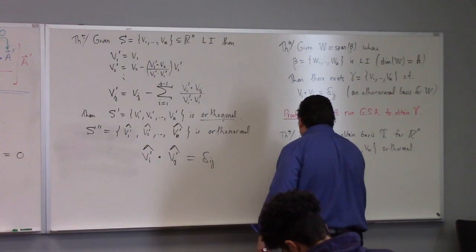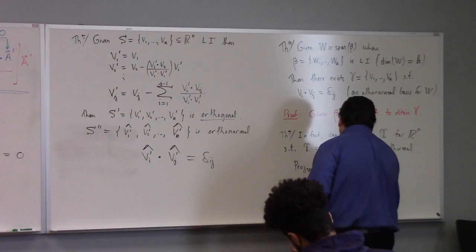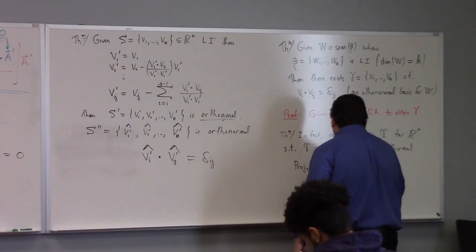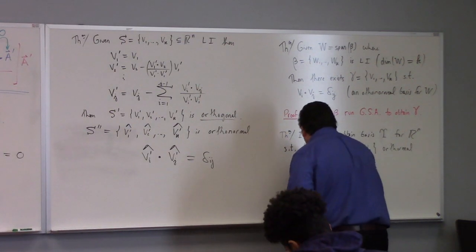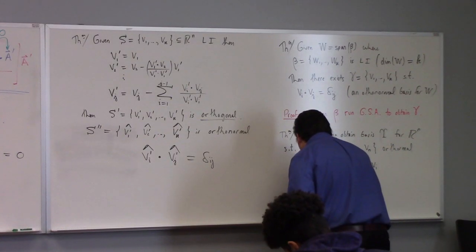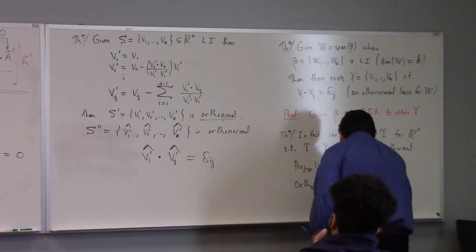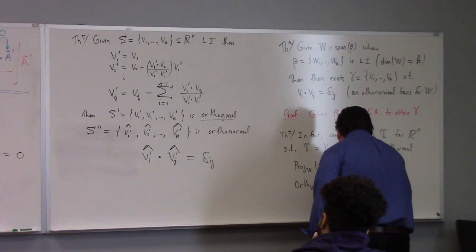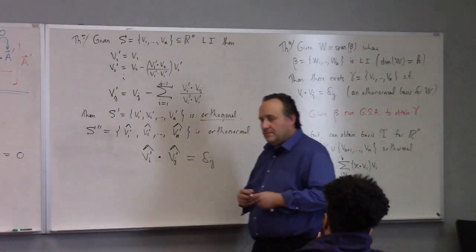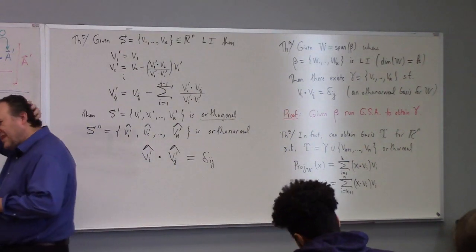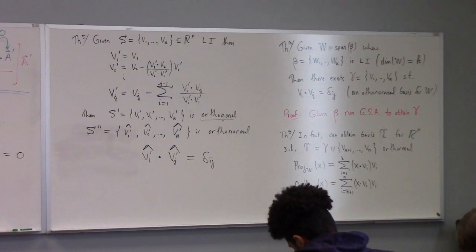The projection into the W subspace of X is the sum from i equals 1 to k of X dot Vi, and the orthogonal projection to W of X is the rest of it, the sum from i equals k plus 1 to n of X dot Vi. So these are the projection and the orthogonal projection. That gives me the shadow of the vector X into the subspace W, and also the piece which is perpendicular to that space.